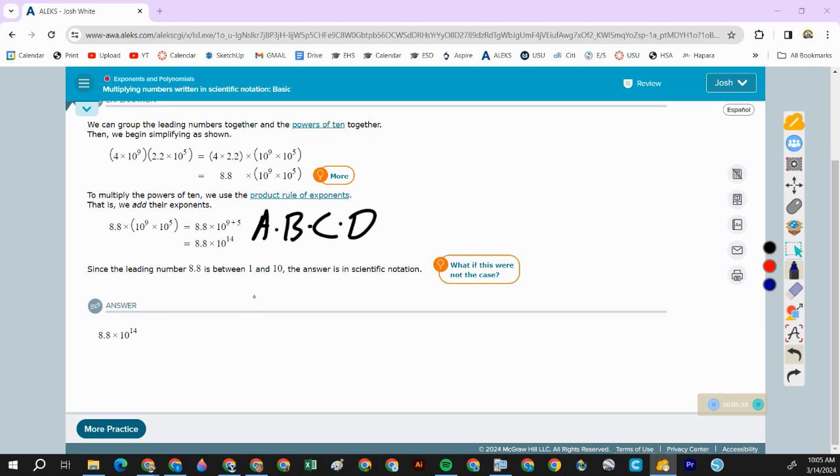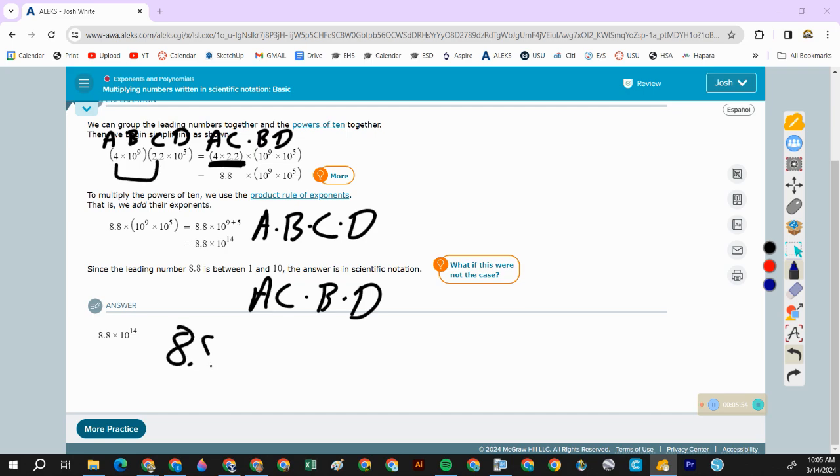So I could say A times C times B times D. So if I want to multiply those together, I could rearrange it into A times C times B times D. So I'm going to take the 4 and the 2.2, multiply those together, and I get 8.8. And then that is times 10 to the 9th times 10 to the 5th.